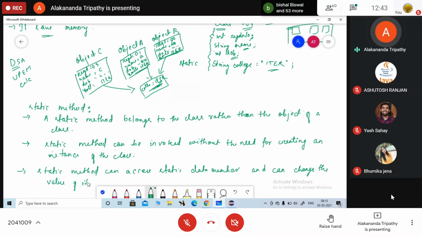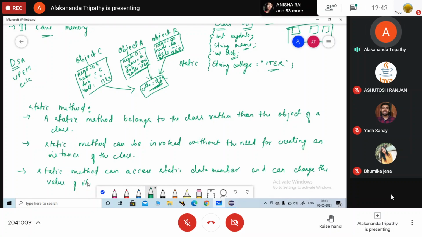So what is a static method? Who can access the static variable you declare, and who will change its value? That will be changed by the static method. A non-static method cannot change that value.